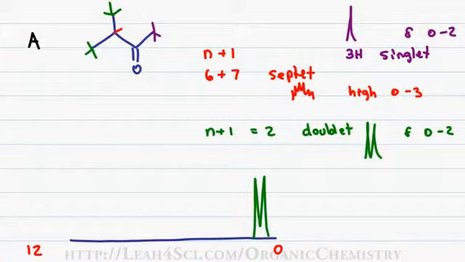The methyl group all the way to the right is located near a carbonyl but doesn't have anything else exciting next to it, and so we'll assume that is the second group and draw a singlet somewhere left of the doublet. And last but not least, our single hydrogen that has the multiplet or septet is the most exciting, being surrounded by all these groups, and so we'll draw that as the leftmost group with a quick scribble to represent all the 7 peaks. And this is what the graph would look like.